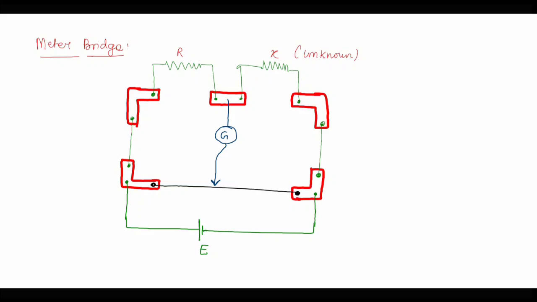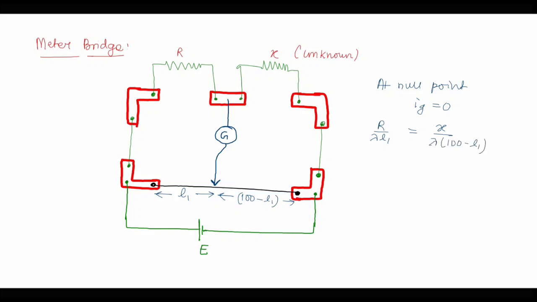If the null point is achieved here at L1, then the other length will become 100 minus L1, and we are measuring things in centimeter. At null point, that is when the reading of the galvanometer is 0, Ig is equal to 0, I can say that R upon lambda L1 is equal to X upon lambda times (100 minus L1).